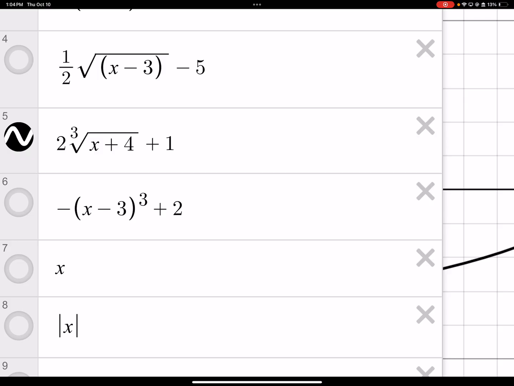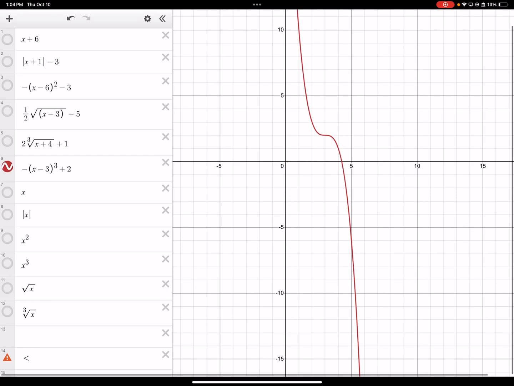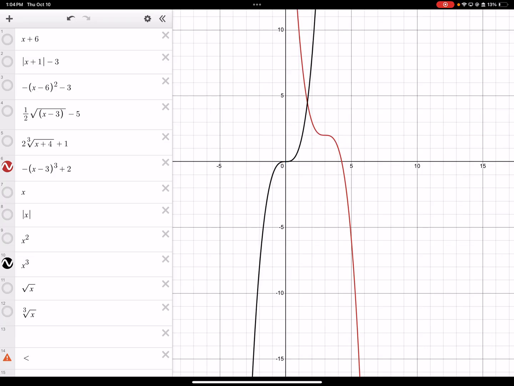Up or down? 2. And then what does the negative do? It flips it. So the negative 1 flips it. So there's what that graph looks like, as opposed to the other one. And notice when it flips, it just does this.